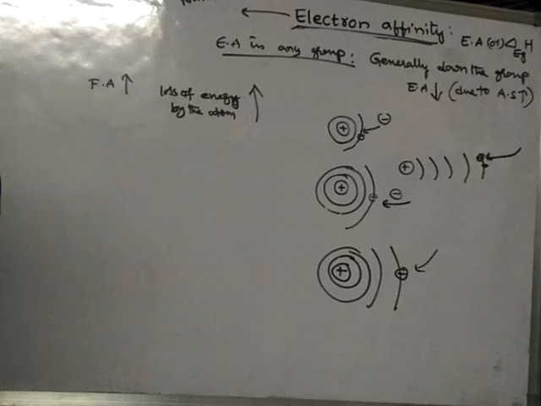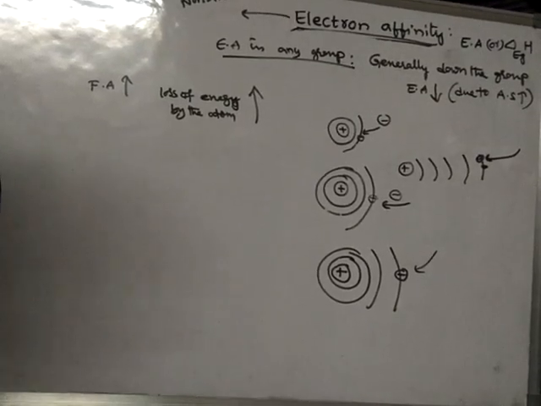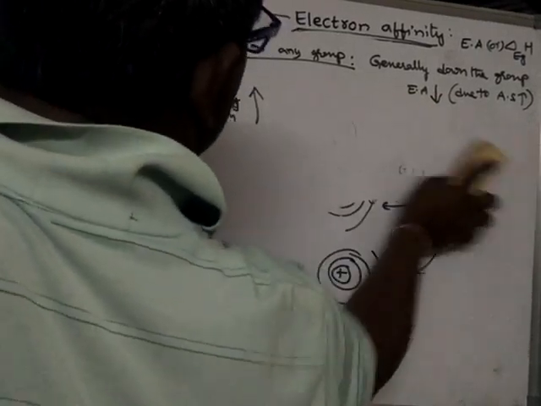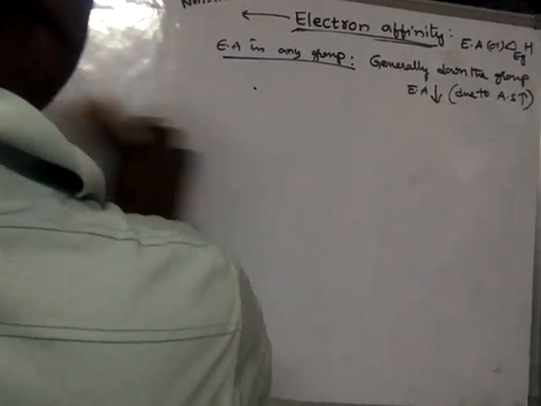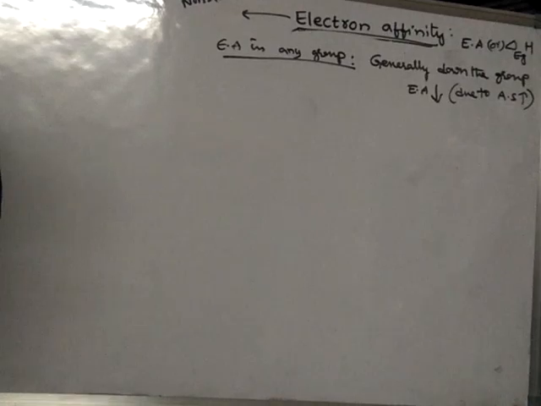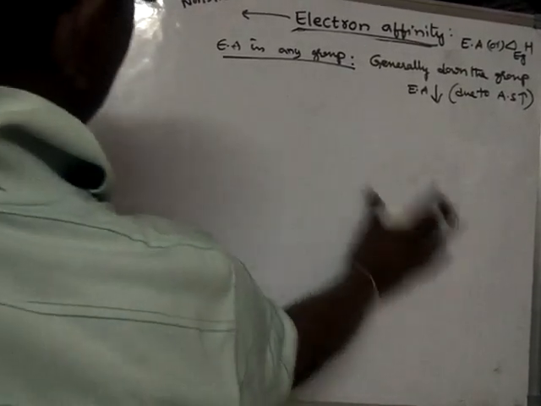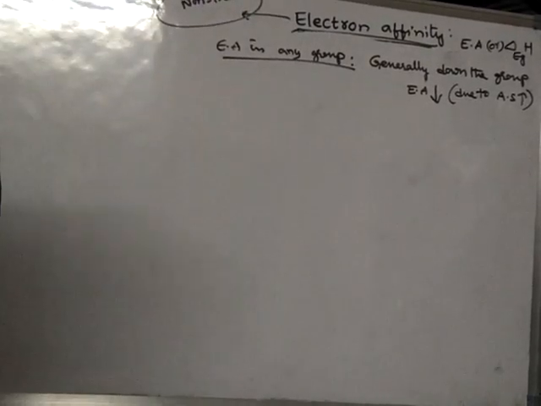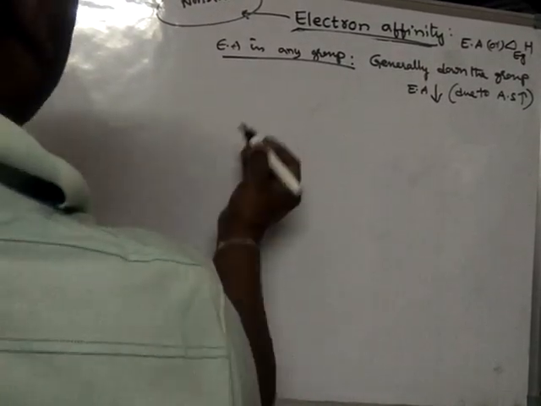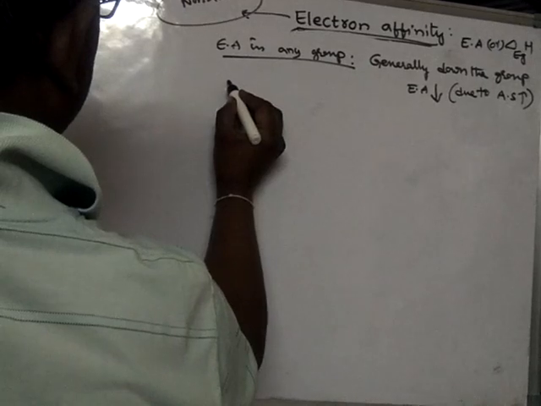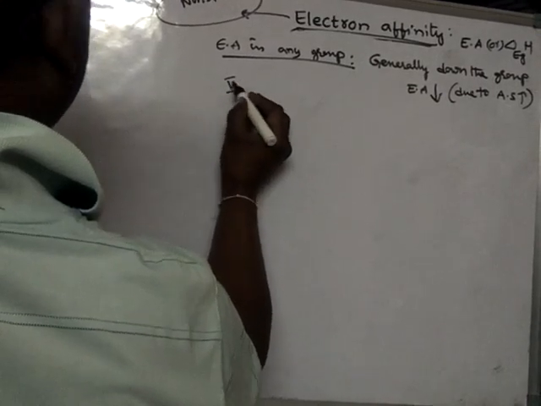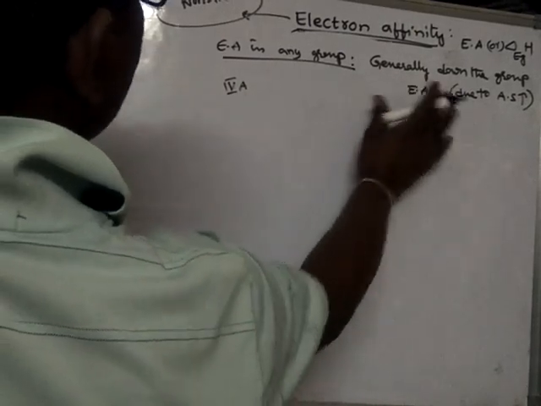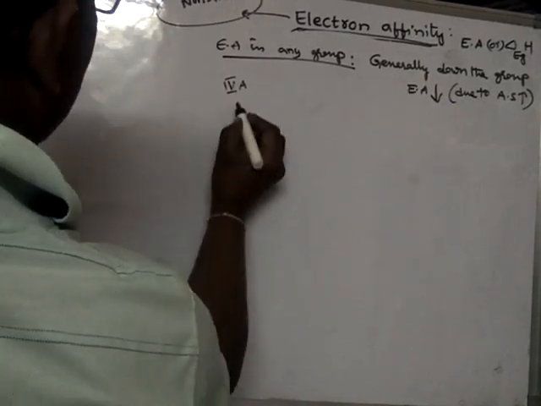But there is some exception. In every group there is some exception. So now let us learn about the exception, where that exception occurs. Generally we will consider non-metals. For example, take the fourth A group. What are the fourth A group elements?